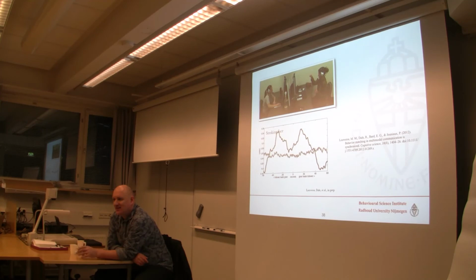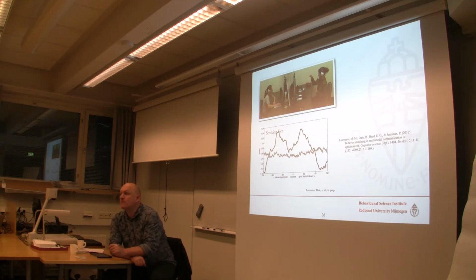About this diagram that you explained, it means that if stroke phasing happens, the other one probably will do it. It syncs with the other one a few seconds after.